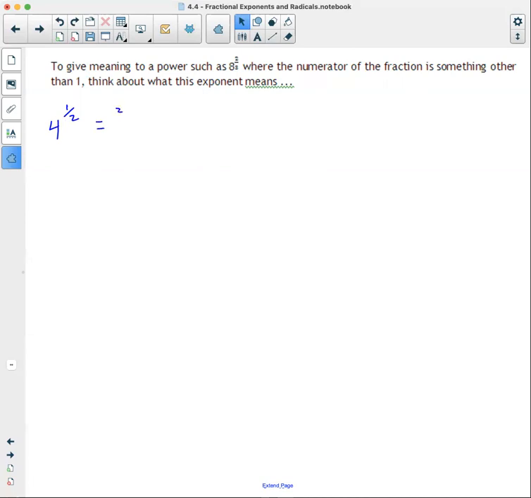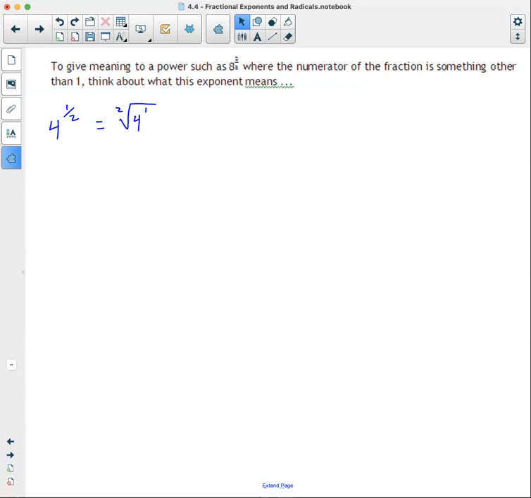So we're going to be taking the square root of 4, and then the numerator of the fractional exponent is the exponent on the radicand. Okay, so in all the examples we've done so far, the numerator has been 1.